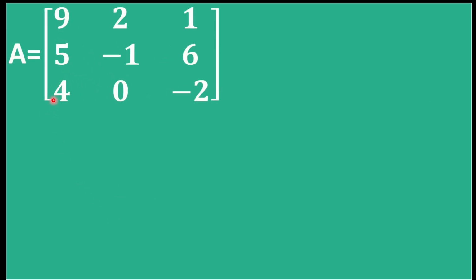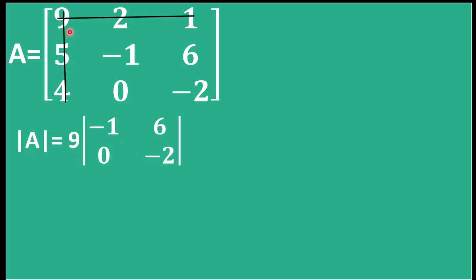So we have matrix A which is equal to this. For determinant of A, first of all, we will eliminate the first row and first column. Then we have -1, 6 and 0, -2. We will write it over here, and we will take out this 9 outside of the determinant or vertical bar.